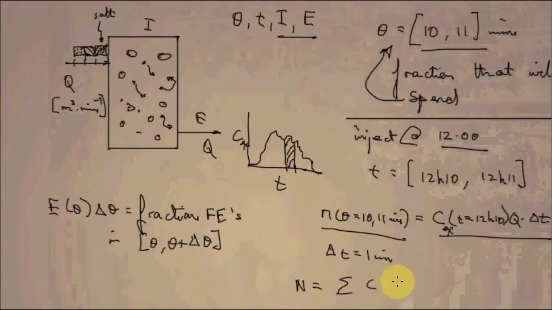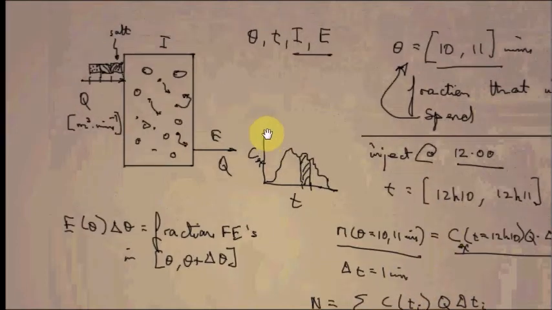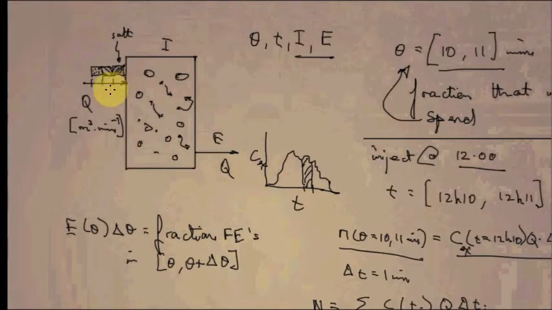So we'll take the concentration at some specific time Ti and multiply that by the volumetric flow rate. So this is giving us the molar flow rate, and we multiply that with the change in time for these specific intervals I. We are picking intervals, and then the I value specifies which interval we are looking at.